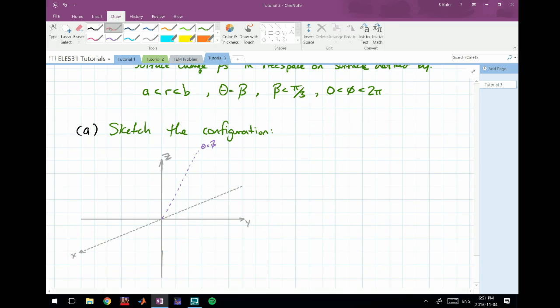Then it gives us that R is between A and B, so R is somewhere between here. We'll call this R equals A, R equals B. And then it gives us that phi is between 0 and 2 pi, so you know it's going to be this sort of ice cream cone without the bottom. So when you bite off the bottom of the ice cream cone, it's going to look like that.